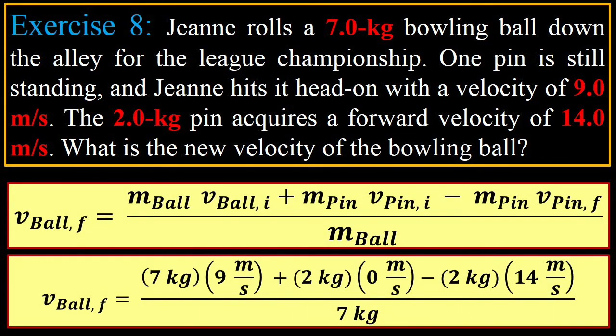So now we're going to plug in. Don't forget that the initial velocity of the pin is 0. So it's going to be 7 times 9 plus 0 minus 28, divided by 7.